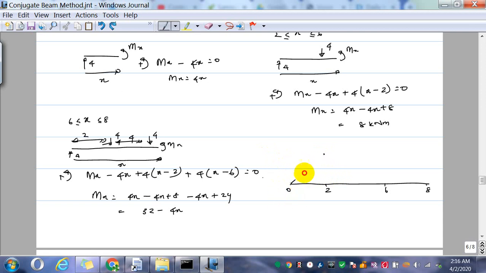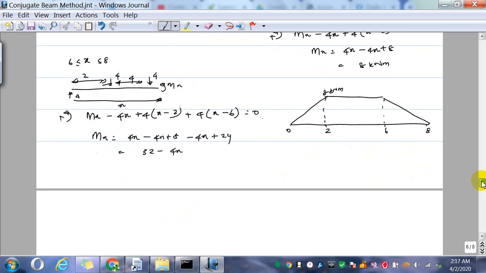Okay, so linear curve, 8 kilonewton meter, and then between 2 and 6 it's a constant 8, and if you substitute here 6, so 24, 32 minus 24, 8, and if you substitute x equal to 8, it's 0, so it becomes again a descending curve, the negative tangent. So this is the bending moment diagram.